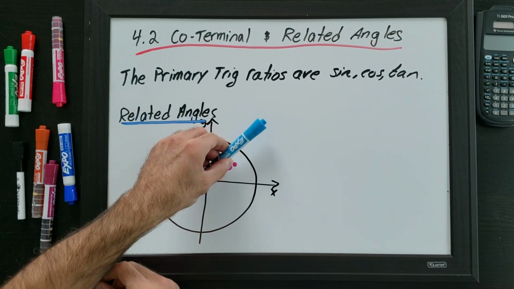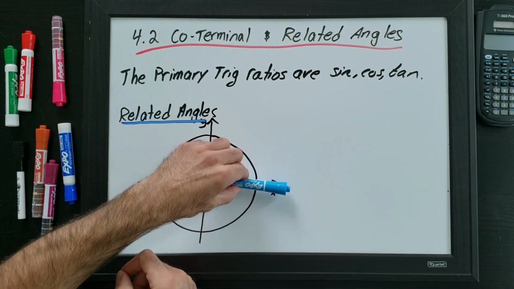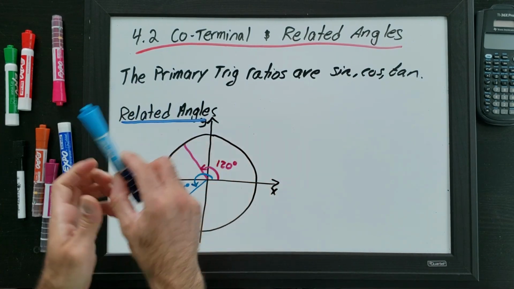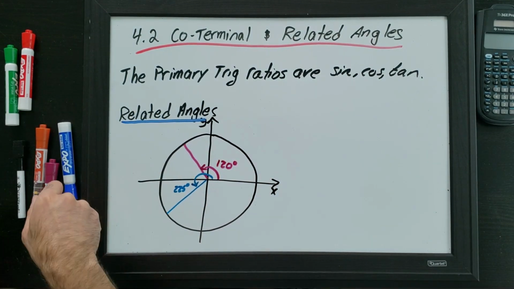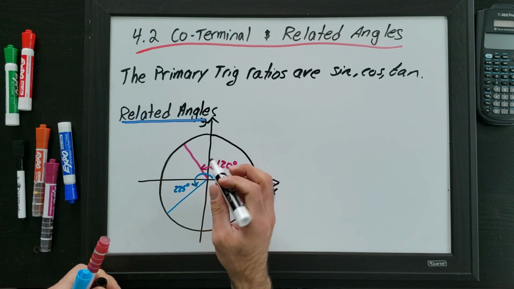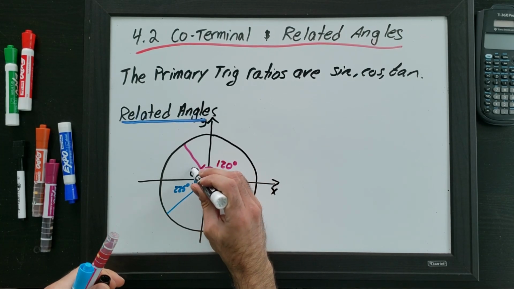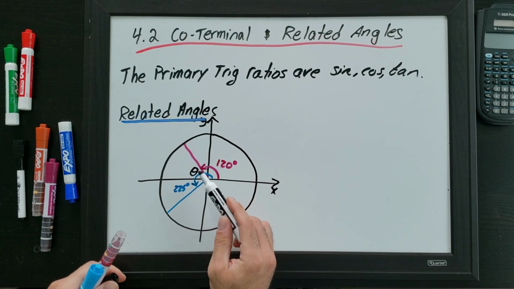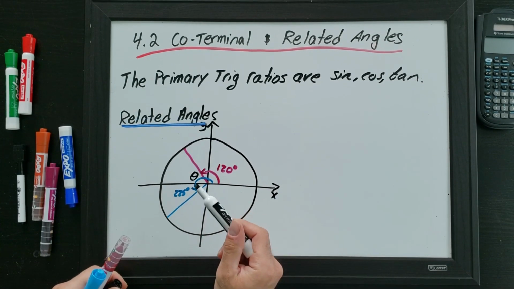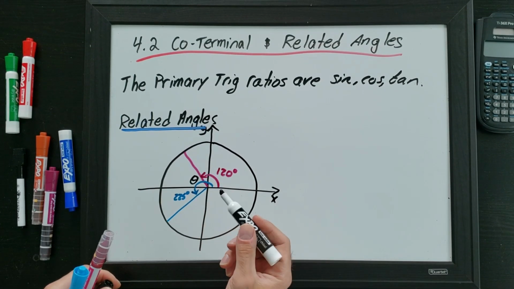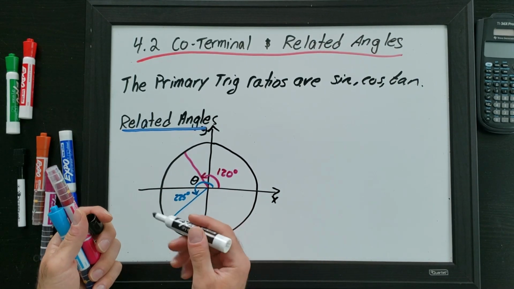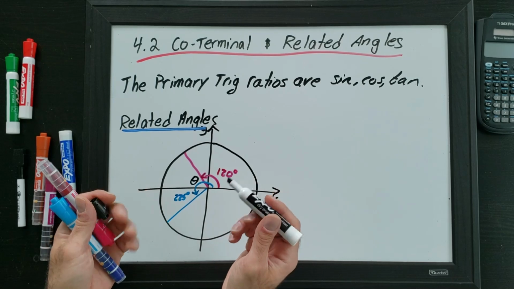Just like this is 30 degrees away from x, if I'm saying 120, I really want the angle that's under here. I want to know what this angle is. Because if I know what that angle is, I know how far it is from 180, and I can solve my primary trig ratios easily using the related angle because it is an acute angle. And using our special triangles, those are all acute angles.